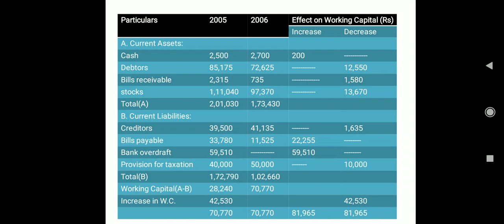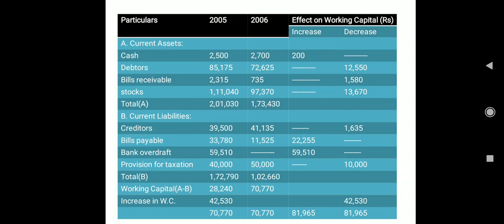Decrease in current asset, decrease in working capital. Increase in current liability, decrease in working capital. Decrease in current liability, increase in working capital. I will not keep on repeating it, so you have to maintain the notes, keeping them very nicely noted in your notebook and in your mind also.